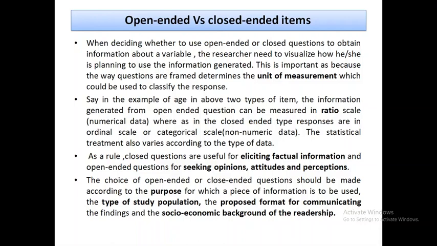Say, in the example of age in the above two types of item, the information generated from the open-ended question can be measured on a ratio scale, whereas in the closed-ended type, responses are on an ordinal or categorical scale. The statistical treatment also varies according to the type of data.